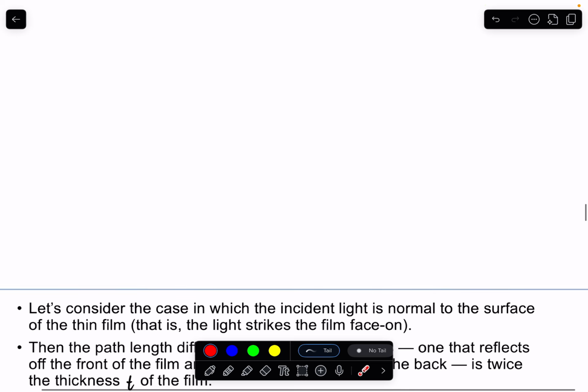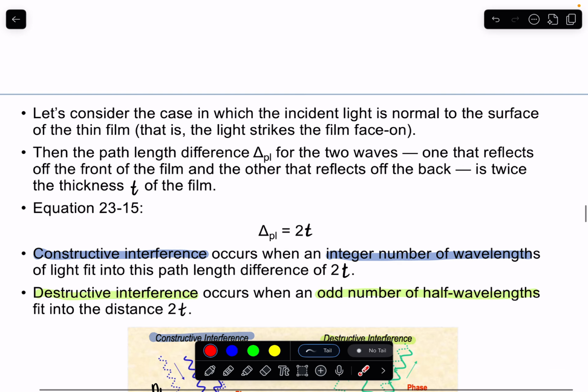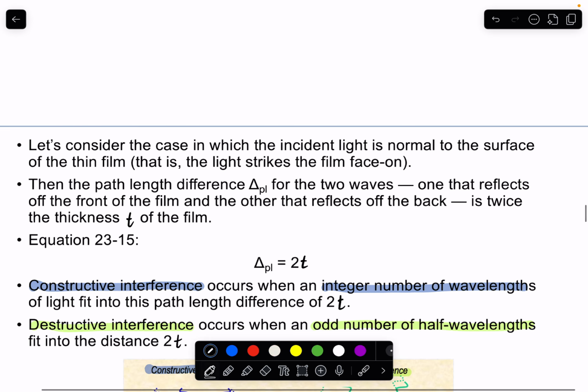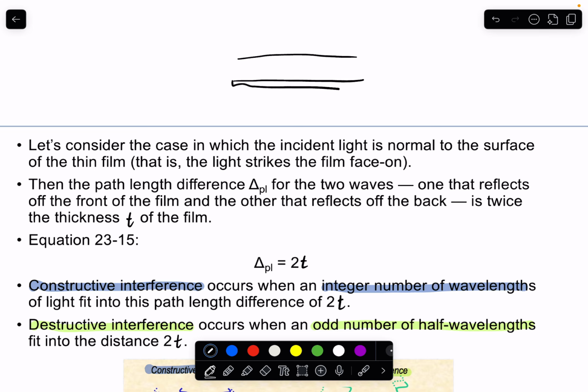Okay? So when we consider that this light is normal to the surface, when it strikes the surface of the film face on, then we can easily calculate the path length difference. We can ignore the fact that it was at a slight angle.